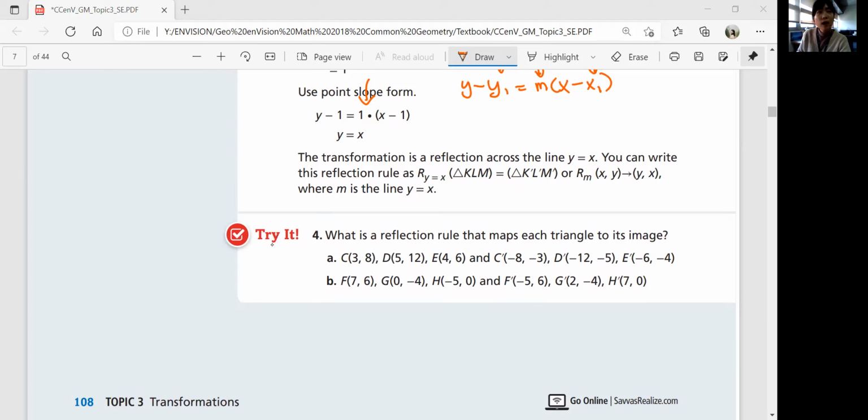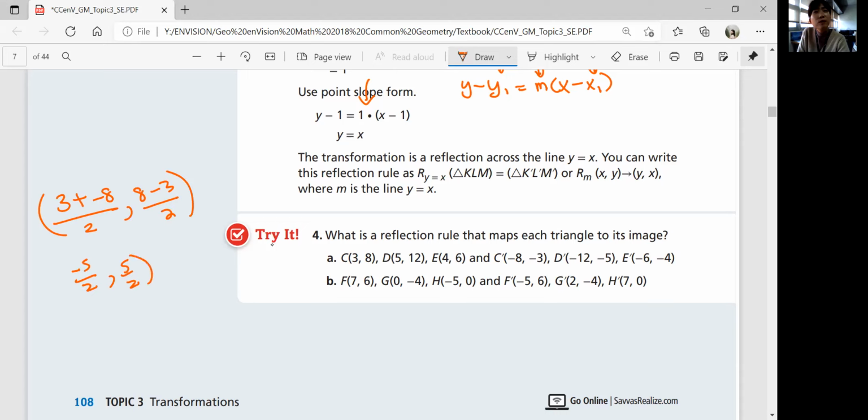All right, looking at part A. Figure out the midpoint between C and C prime. Your midpoint should be your x values added together divided by 2, comma, your y values added together divided by 2. So then you have (-5/2, 5/2), right?